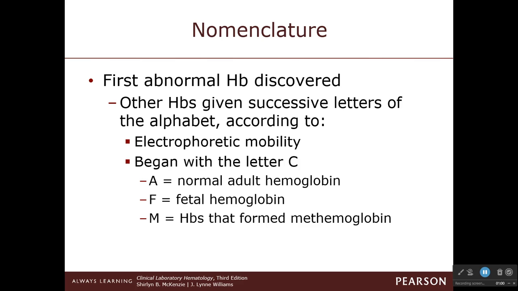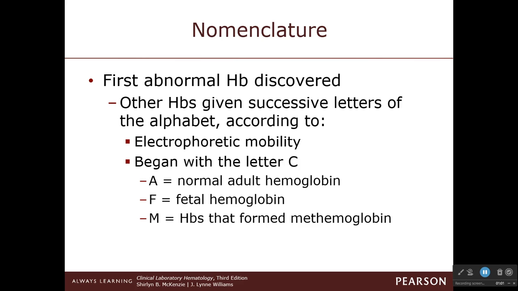It was a different mutation, phonetically a different band. So then they started adding cities to it. They would say hemoglobin S Chicago, hemoglobin S New York, or whatever. I'm just making that up at this point. But they were different. There was no set system.